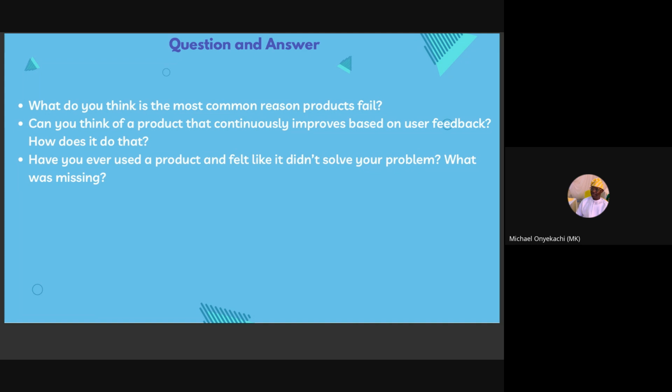Just like what one of us said concerning how she onboarded on an app, and the message was not clear, so she didn't know that she was going to pay some extra fee when it comes to charges, and it made her just delete the app. So clear messaging is another reason why brands fail. Thank you.